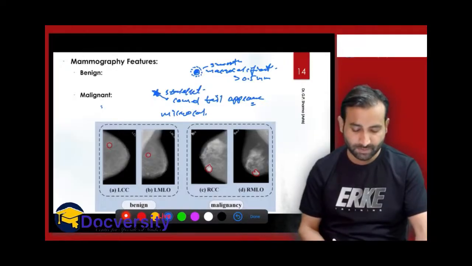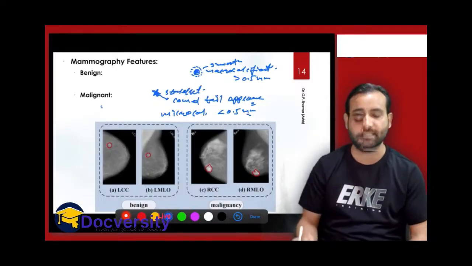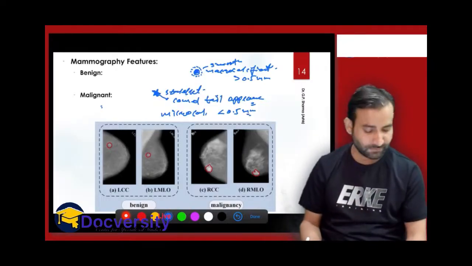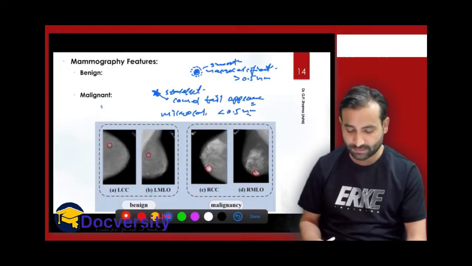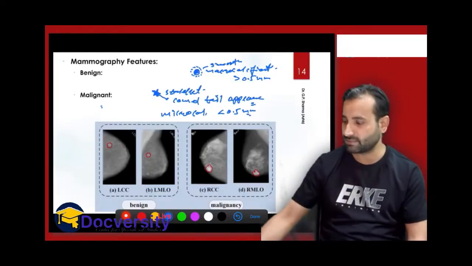And the size will be micro. What is this one? Micro calcification. That means less than 0.5 millimeter. Then we say this is malignant calcification, right? So these are the mammographic features of the malignant and benign calcifications. These questions can be asked in the exam, right?